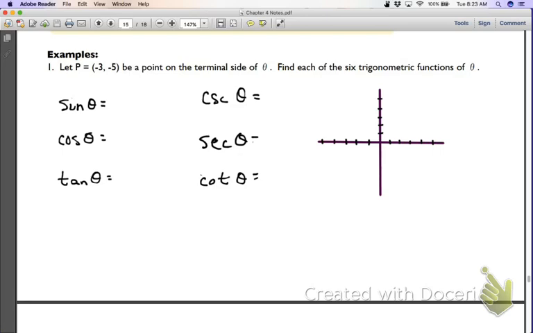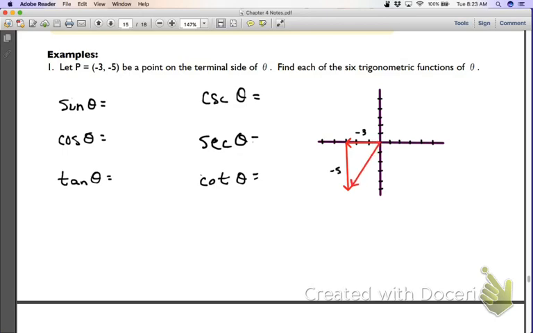So if I have a point at (-3, -5), basically what I'm going to do is go over to -3, and go down to -5. So that's -3. Here's -5.